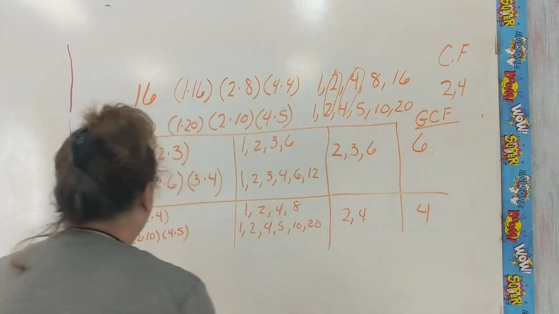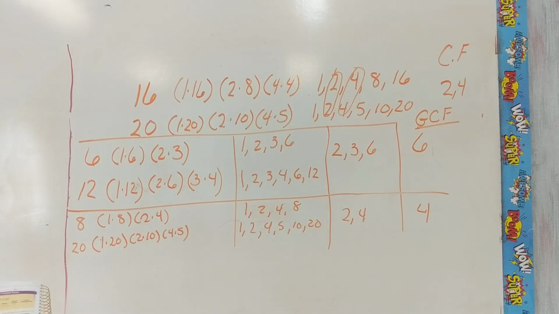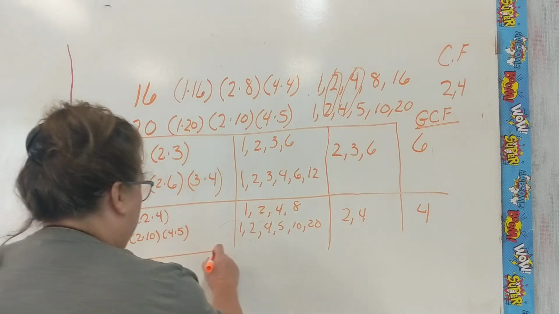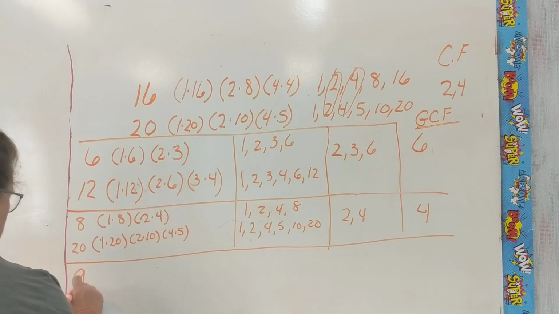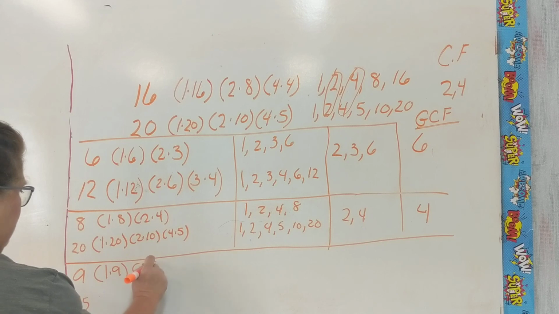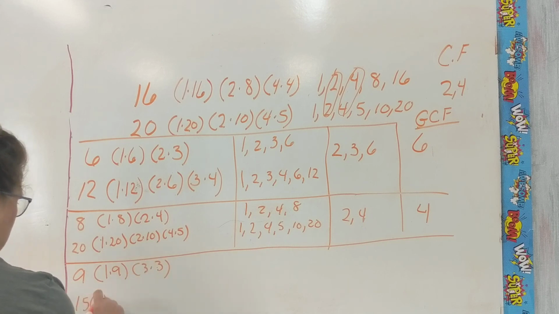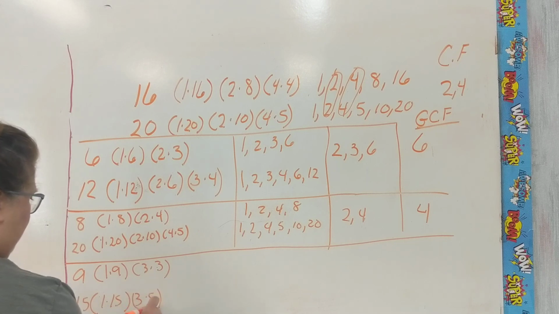All right, so let's do one more. Let's do 9 and 15. I think that's the last one you have on the chart to do. So 9 and 15. We have our factor pairs, 1 times 9, 3 times 3. For 15, we have 1 times 15 and 3 times 5.